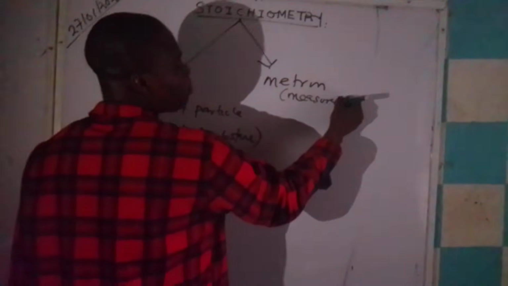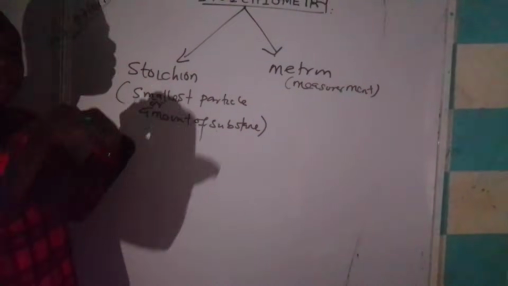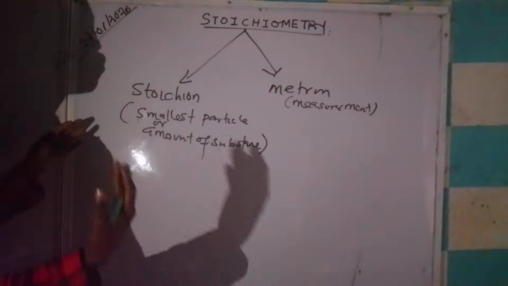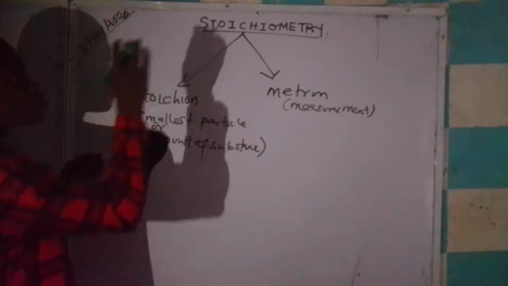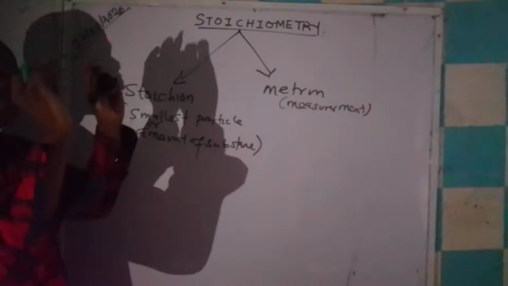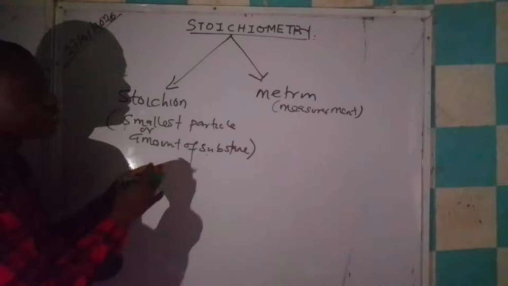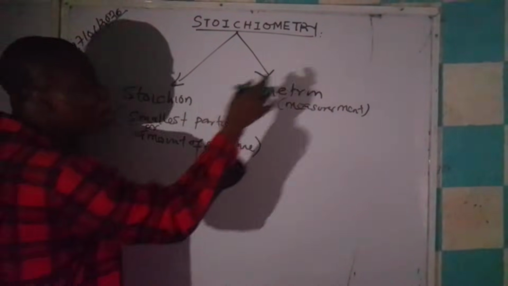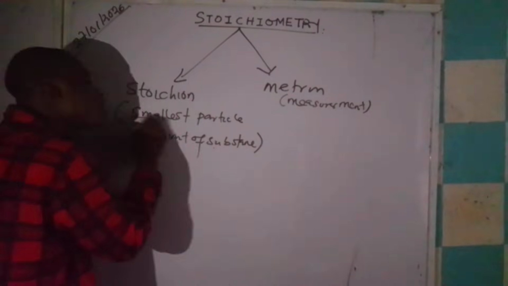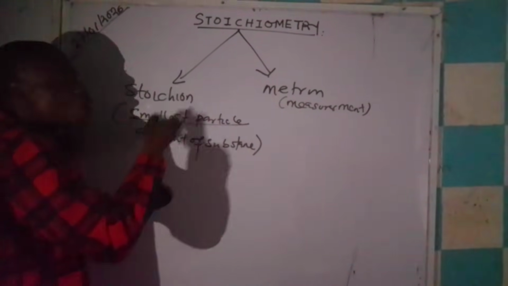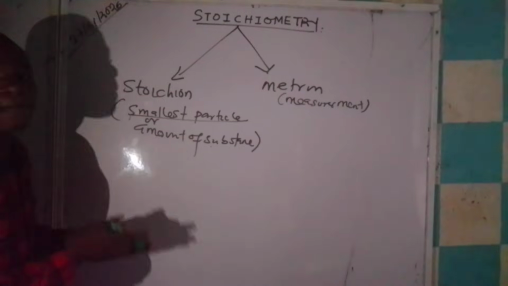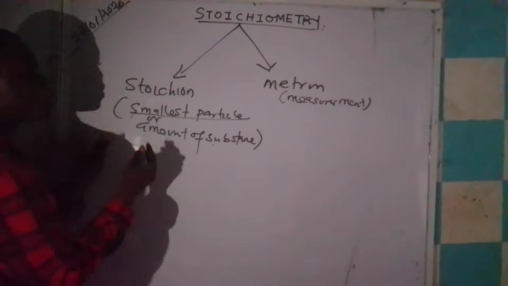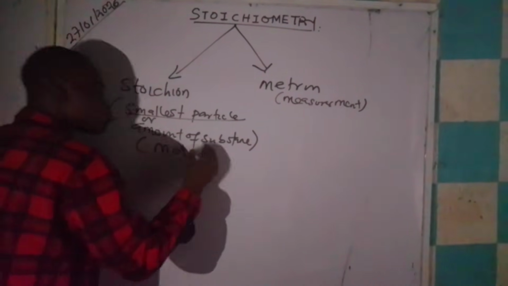So anywhere you see metron in chemistry, it means measurement. So if you want to combine it together, stoichiometry is a branch of chemistry that deals with the measurement of the smallest particles, or the measurement of the amount of a substance, which means the mole.